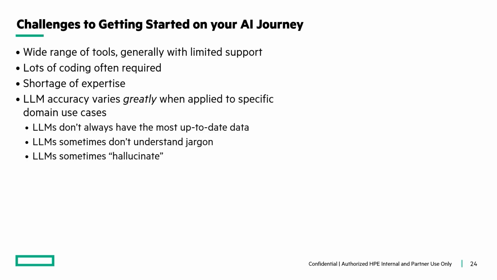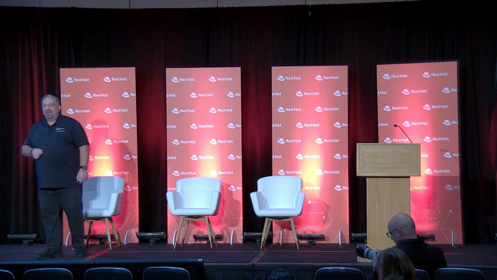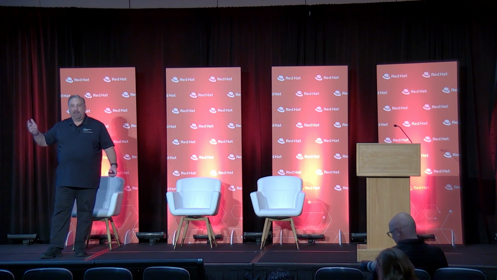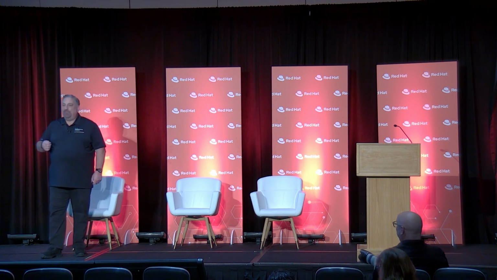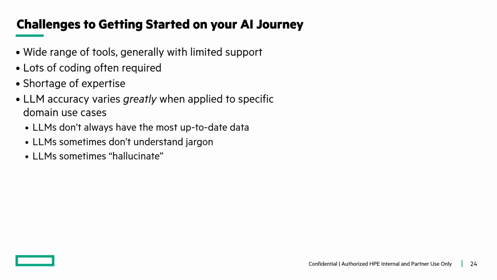Accuracy of large language models also varies greatly when applied to specific domain use cases. This is important. If you've ever used something like ChatGPT and you tell it to do something cute like I did, like write a little poem for you, great. Ask it to tell you something really specific. It's hit or miss as to whether it understands.